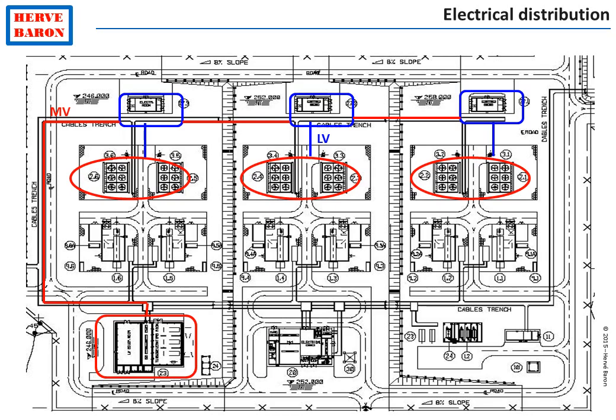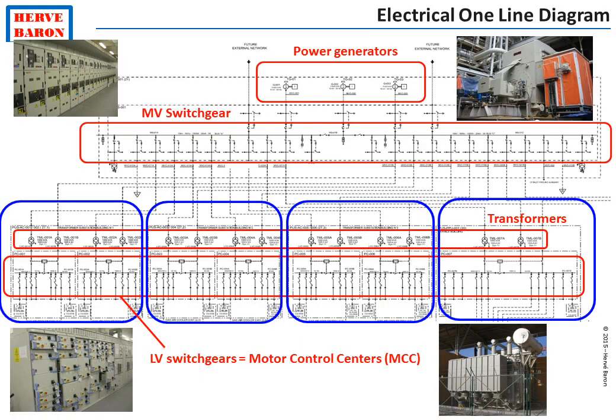This distribution is shown on the electrical single line diagram. The electrical single line diagram shows all the electrical equipment and their geographic location. It includes the power generators, which produce power in medium voltage, so they are connected with a medium voltage switchgear, typically 10 kV.